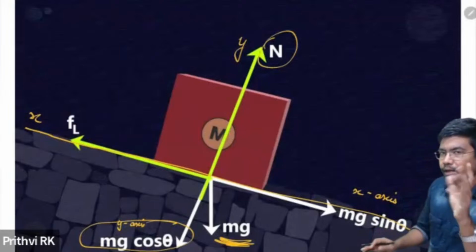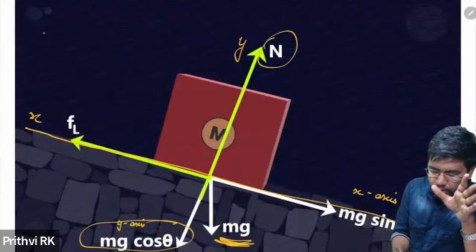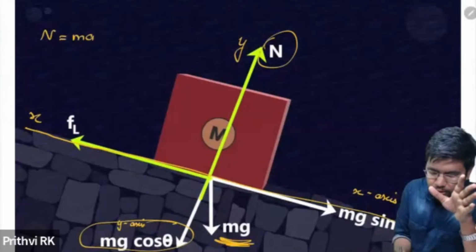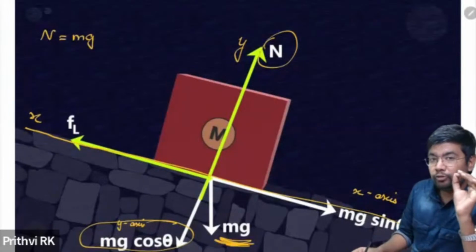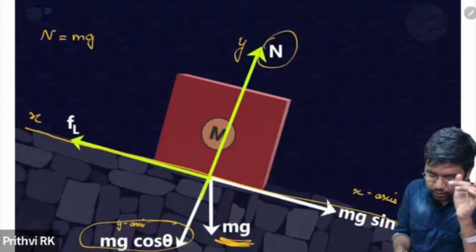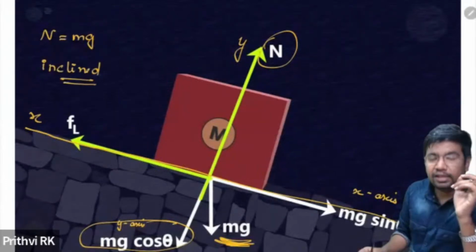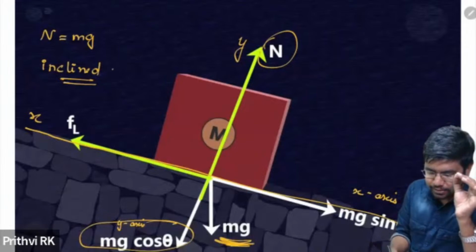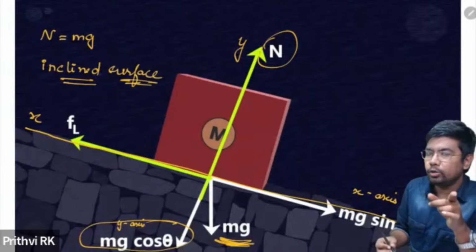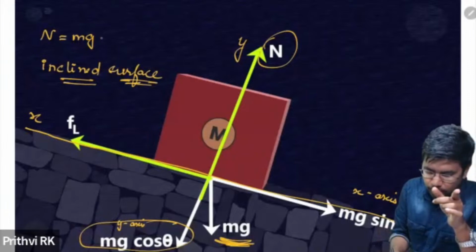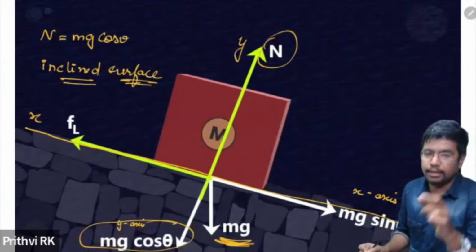Last time, what we did is, we wrote it like this: N is equal to mg. If in a question they mention the word inclined, if we see a word called inclined surface, then what I want you to do is, you have to write normal as mg cos theta.